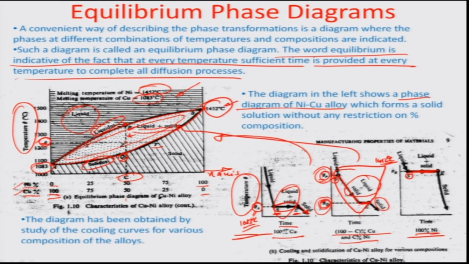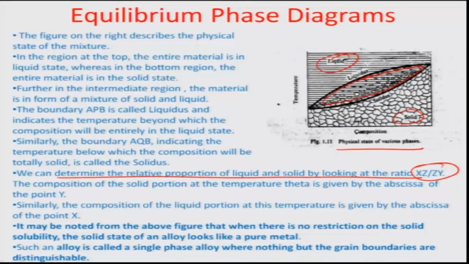So, the amount of nickel as opposed to the total amount of liquid plus solid mass which is present can really be represented as xz by xy. Okay. So, this ratio between this length as opposed to the total length here would give you the percentage of solid fraction which is there. Okay. So, xz by zy obviously is the solid to liquid portion.